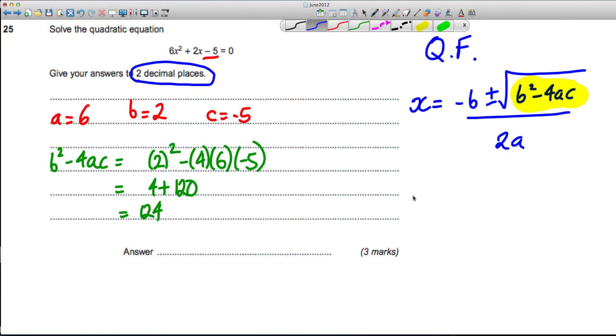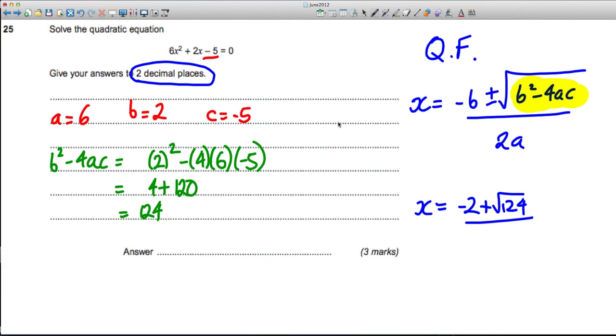Therefore, when substituting in, x is negative b, which would be negative 2, plus the square root of 124 over 2a, which would be 12, or x is negative 2 minus the square root of 124 over 12. And then it's simply a case of typing those into your calculator.